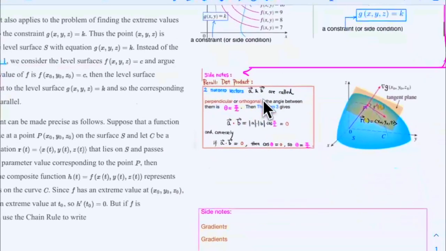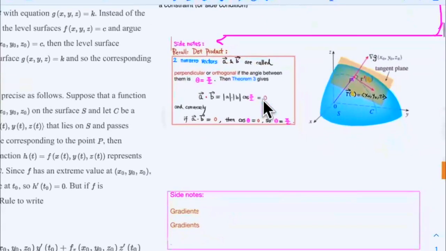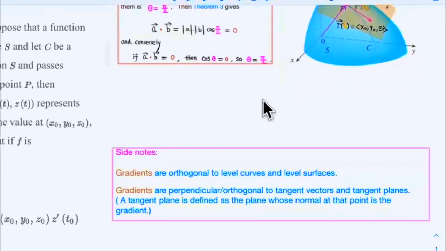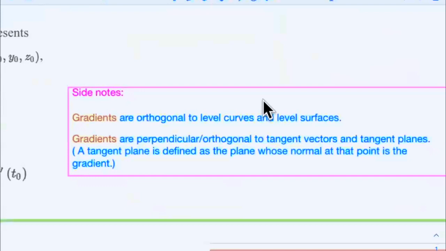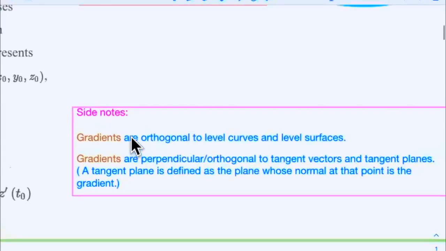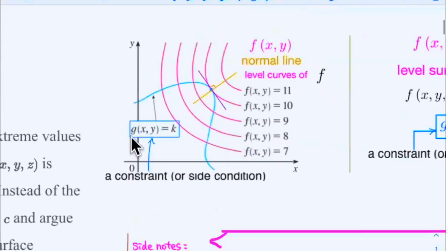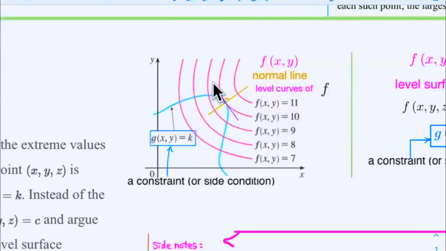What's the gradient? Okay, let me remind you. Gradients are orthogonal to level curves and level surfaces. So over here, we have this level curve here and here. The gradient is going to be orthogonal to those level curves, so that will be in the direction of this normal line, right?